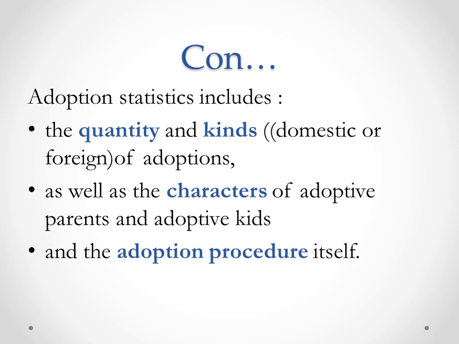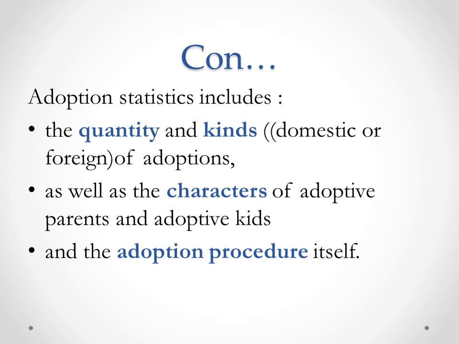The other one we will collect is adoption statistics. In adoption statistics, the number and kinds of adoption are collected. The kind means whether it is domestically adopted or adopted outside the country.